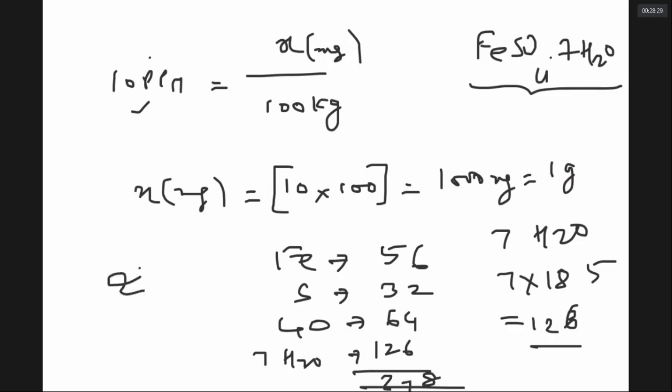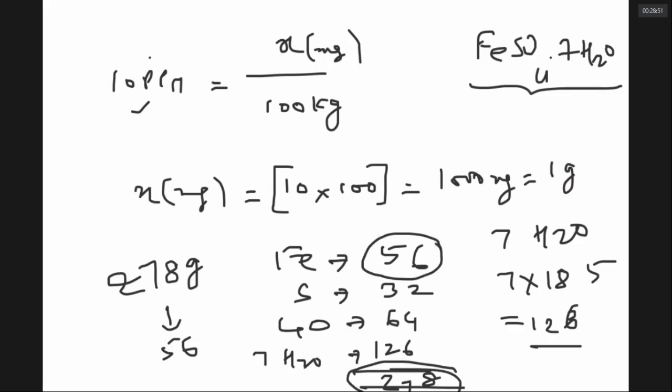So if I take 278 grams of FeSO4·7H2O, it implies 56 grams of iron. Yes or no? Yes, sir. In 278 grams, that is molar mass, there is 56 grams of iron.